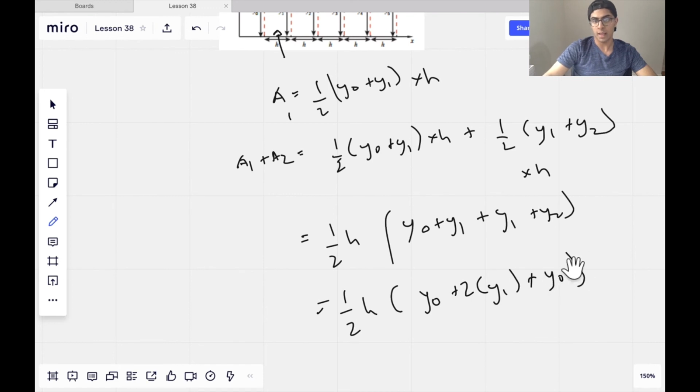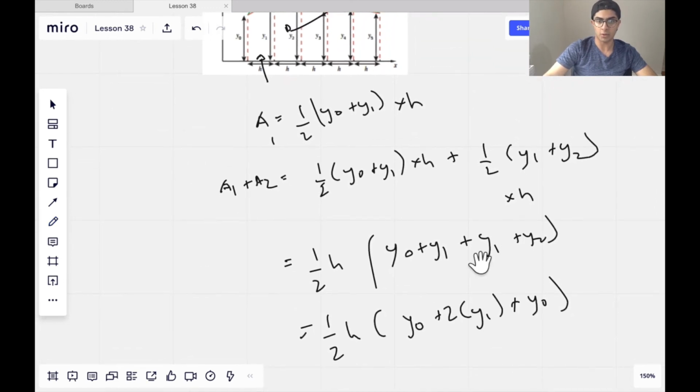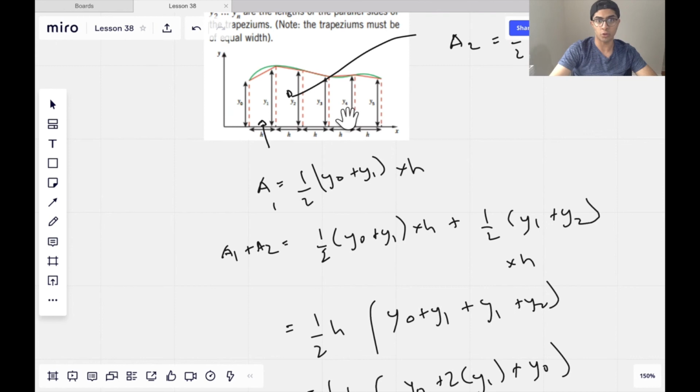And you can see if we repeat this, for example with more strips, these middle ones are used twice in the calculation. You use it to find the area of the left-hand trapezium, and then again on the right-hand trapezium. You'd again use this y2 to calculate the area of this one.